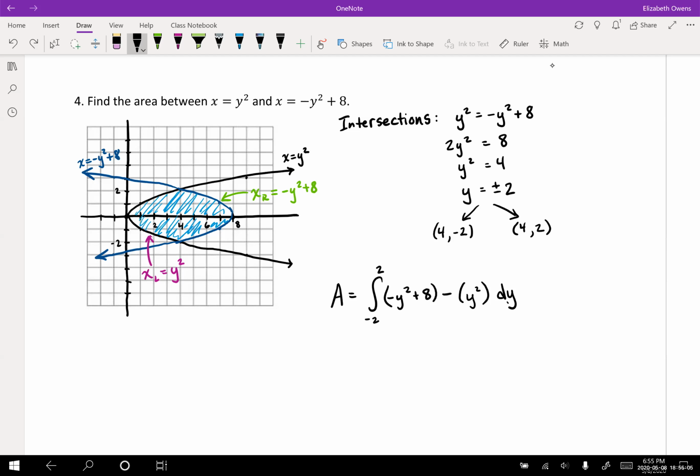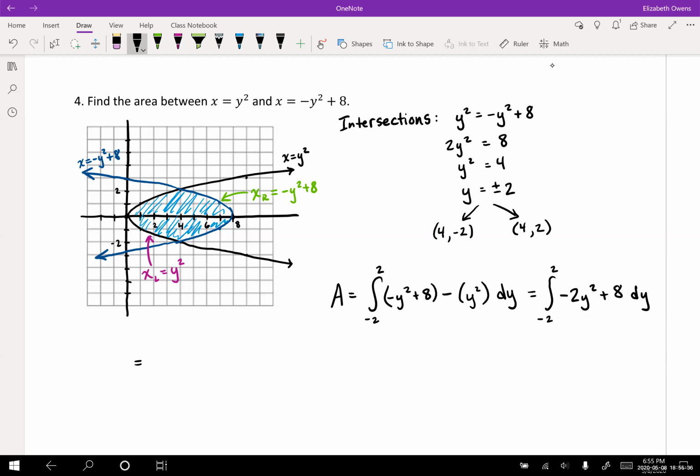If you had dy here, but these functions had x's, that would be a problem. But we're good to go here. So let's see what's really inside that integral. Simplify a little bit. Actually got negative 2y squared plus 8 dy. Not too shabby. Or if you would have done dx, you would have had a bunch of square roots and two different integrals. So this looks pretty darn good in comparison.